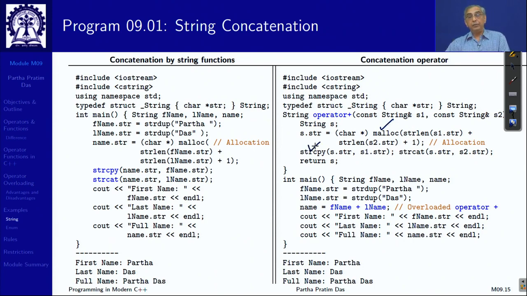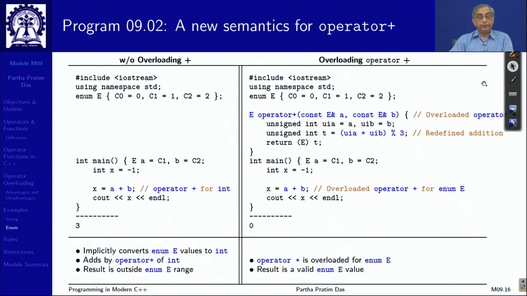Using the C function, you do the copy, you do the cat, return S, and this is in terms of your structure string, which is a character array. This is now your new concatenation operator, and now we can write it simply as fname plus lname. Beautiful, isn't it? That certainly means a lot more syntactic convenience in terms of doing this, but conveniences will keep on increasing, as we will see.